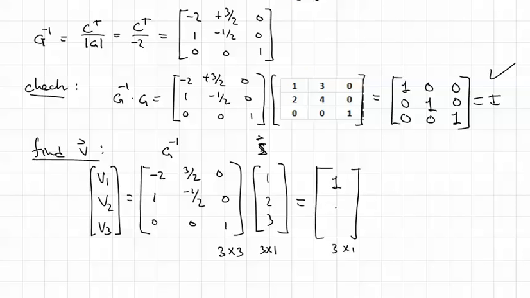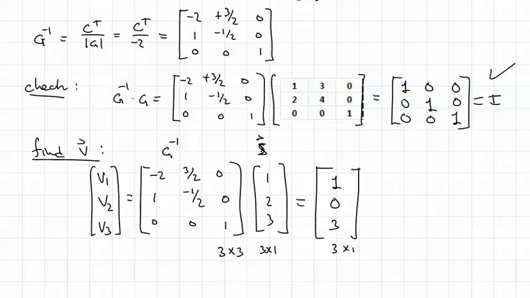The second row will be 1 times 1 is 1. Minus 1/2 times 2 is minus 1. And the last entry is 0. So it appears this output is 0. And then the third row is simply going to be 3. So there you have it.